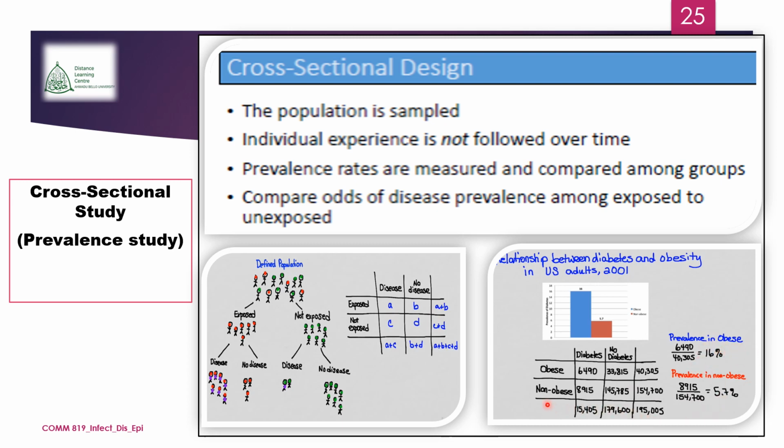While for the non-obese, total number of people that came down with diabetes, which is 8,915, divided by total number of people enrolled for non-obese, which is 154,700. Okay, so you have 5.7.